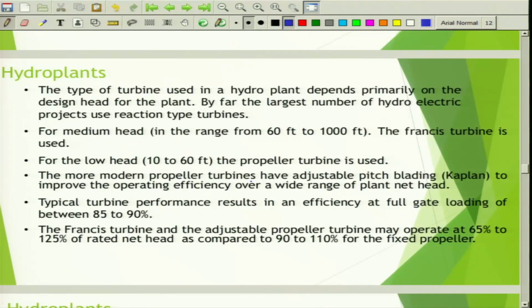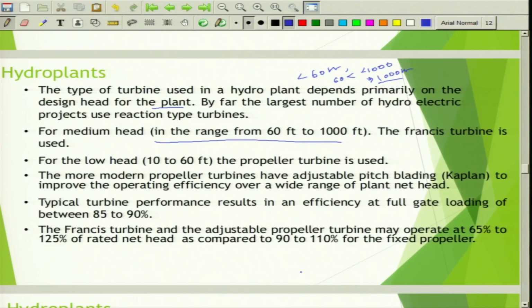The type of turbine used in a hydro plant depends upon the design head for the plant. By far the largest number of hydroelectric projects use reaction type turbines. We are categorizing head into 3 levels: less than 60, between 60 to 1000, and greater than 1000, right.